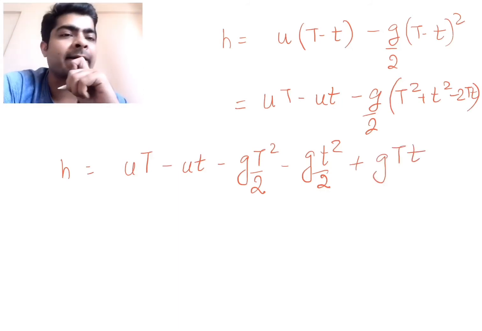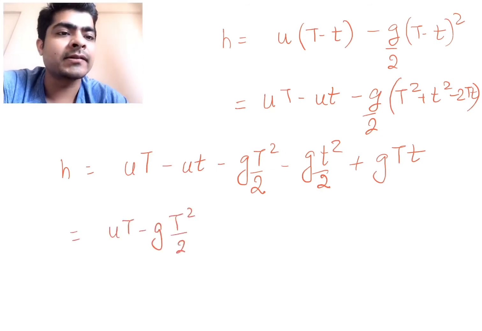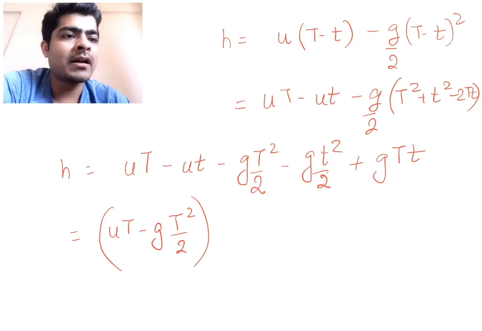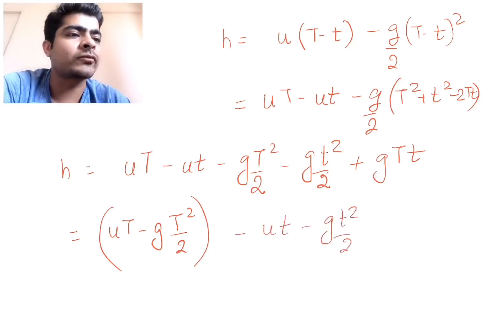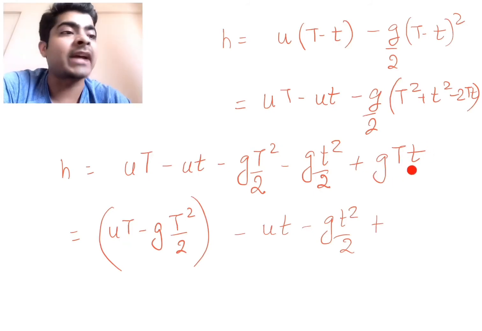This is what you will get. Now let's combine them together: uT minus gT square by 2, minus ut minus g t square by 2 plus, for this term I replace capital T.